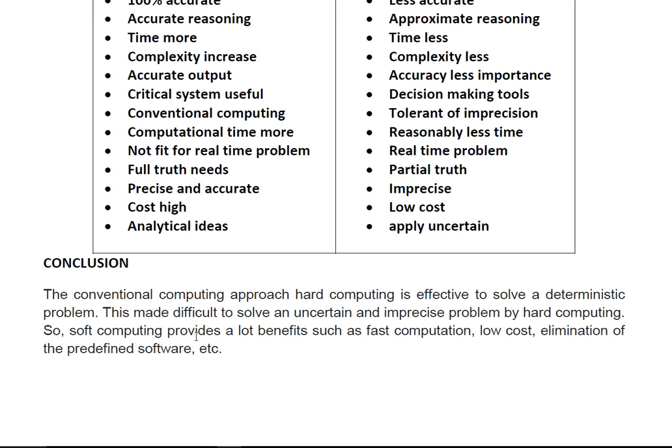Hence soft computing is of great benefit for fast computation, low cost, and elimination of any static form of software. On the other hand, if we look across the tolerance, soft computing gives solutions for complex problems and has computational intelligence.